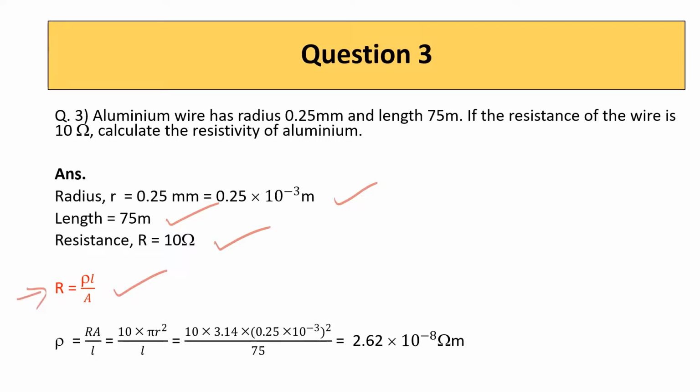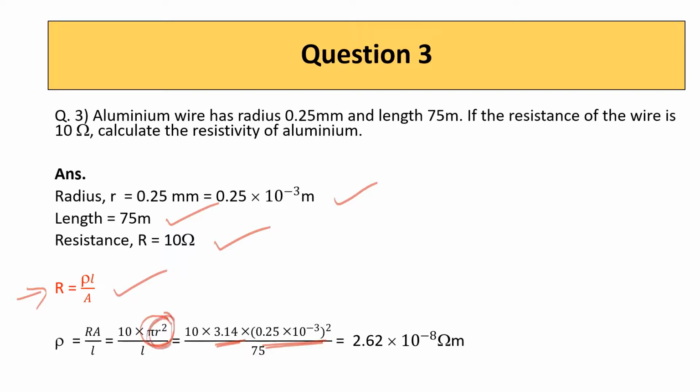From R is equal to rho L by A, rho is equal to RA by L, which is equal to 10 into pi R squared divided by L. 10 into pi value is 3.14, R is 0.25 into 10 raised to minus 3. This is R squared.